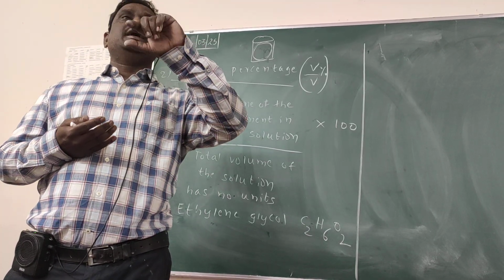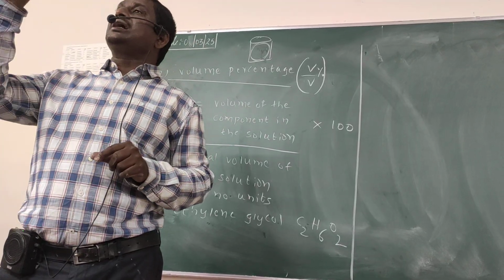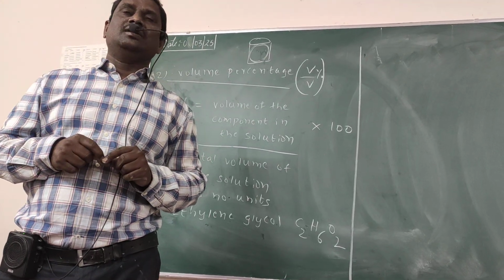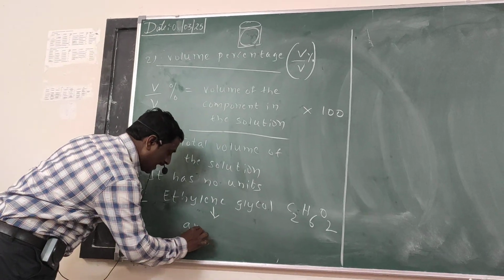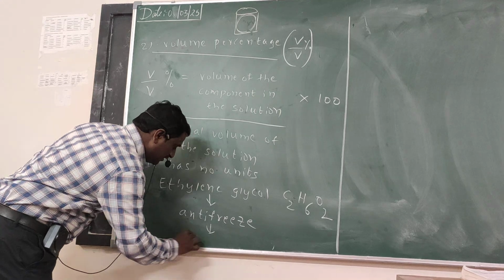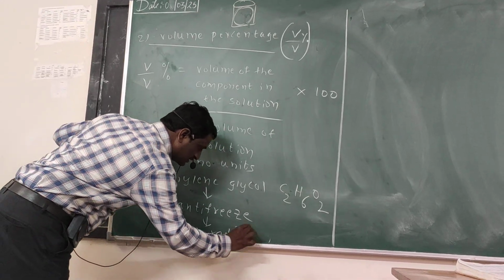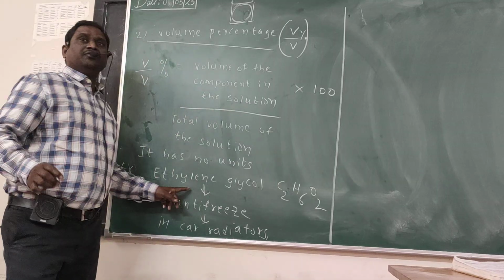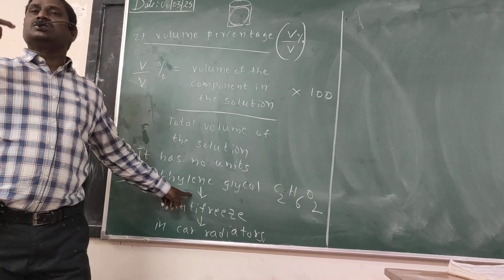To avoid freezing, ethylene glycol is added in car radiators. This ethylene glycol acts as antifreeze. Freezing means changing liquid to solid.